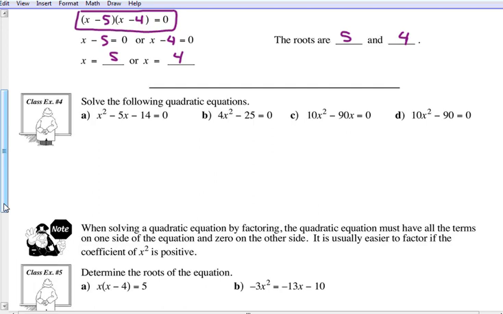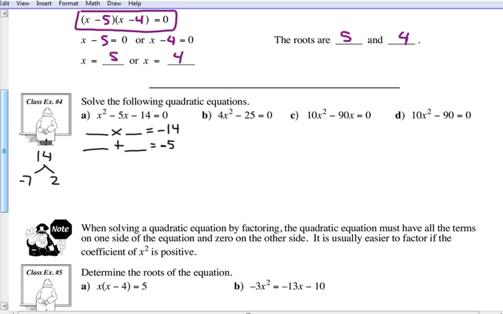Okay, two numbers that multiply to negative 14 and add to negative 5. Okay, we have to multiply to a negative. So 7 and 2, which one's negative? Want to add to a negative.